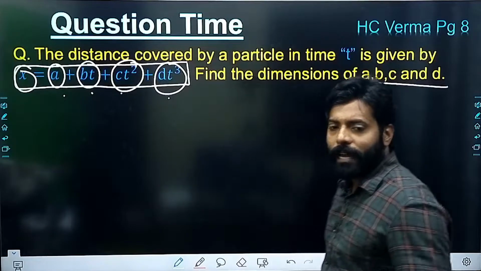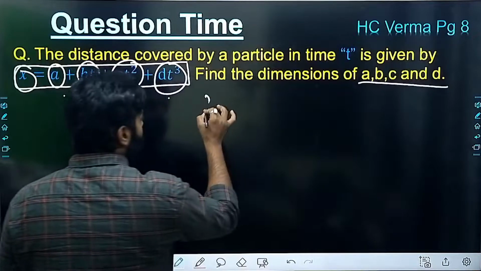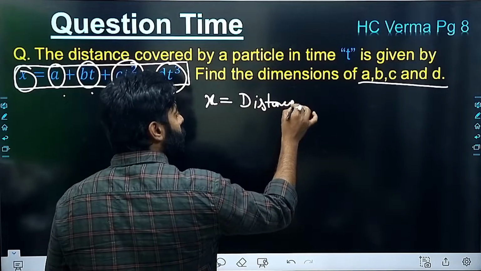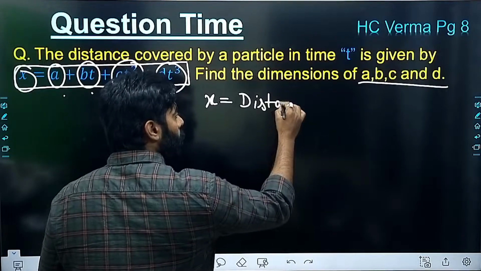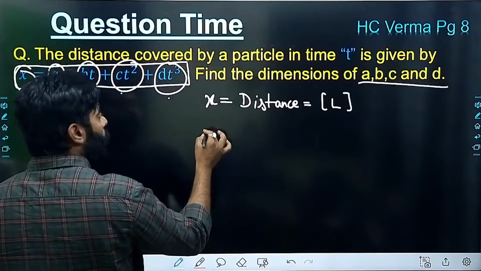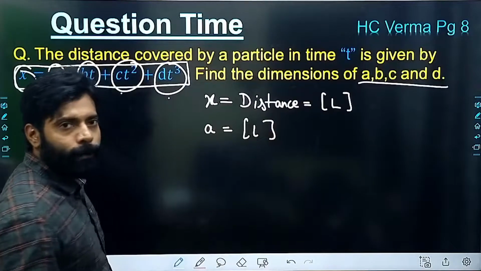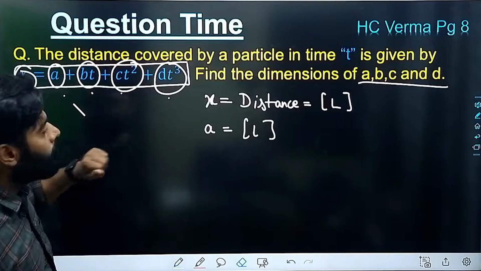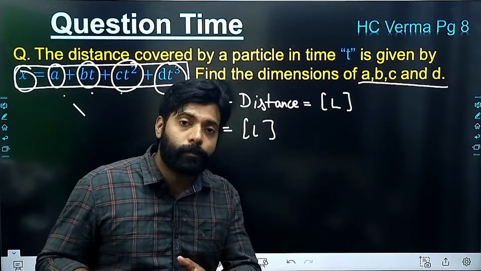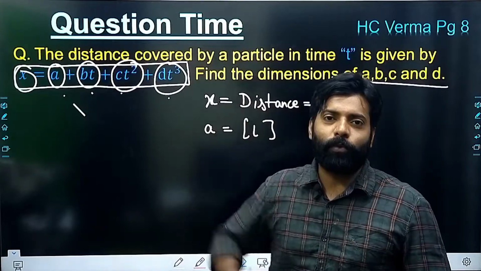We already know that x is the distance, so the dimension of x is L. And A's dimension must be length only, because it stands alone. So the dimensions of x must equal the dimensions of A if we are following the principle of homogeneity.